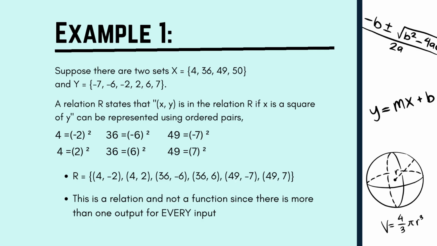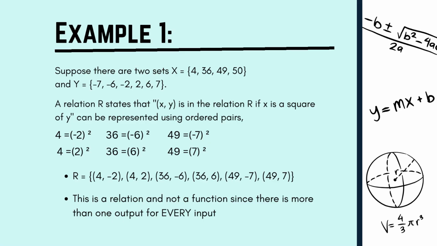Example 1. Suppose there are two sets, x equal to 4, 36, 49 and 50, and y equal to -7, -6, -2, 2, 6 and 7. A relation R states that (x, y) is in the relation R if x is a square of y, which can be represented using ordered pairs. So the relation can be written as x equal to y squared.